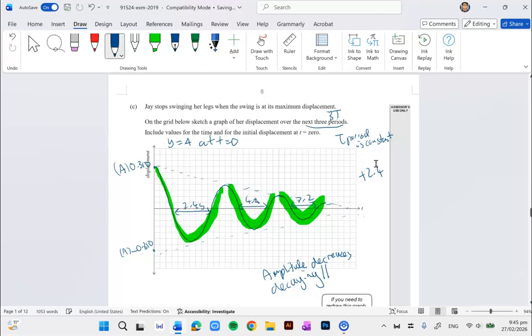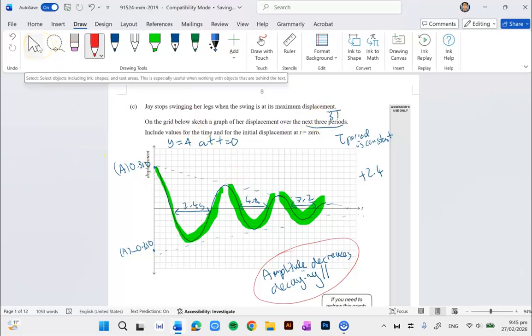So this is a merit question. For merit, you needed to have the correctly damped shape. Damped just means this here. For 3 complete cycles with a constant time period and the correct starting maximum, and with at least one value of the axis. So pretty much everything I've done is a merit.